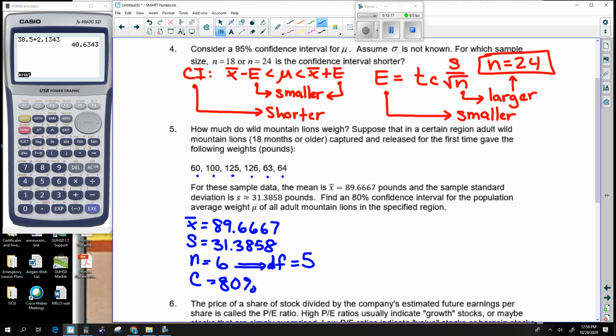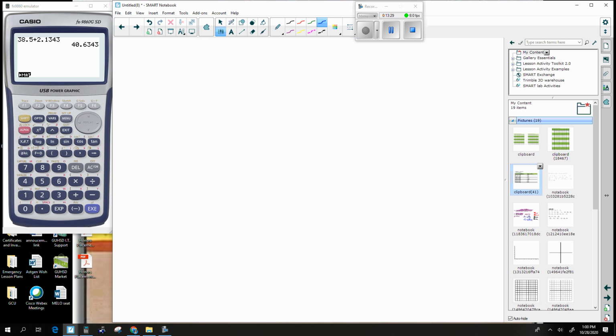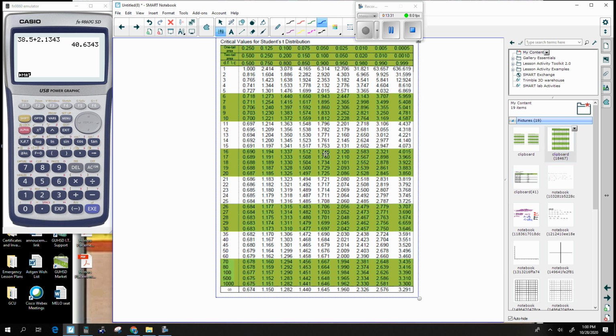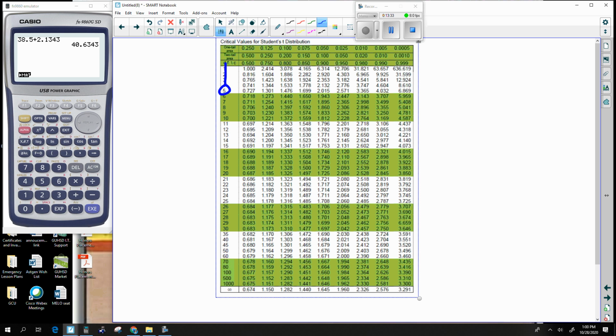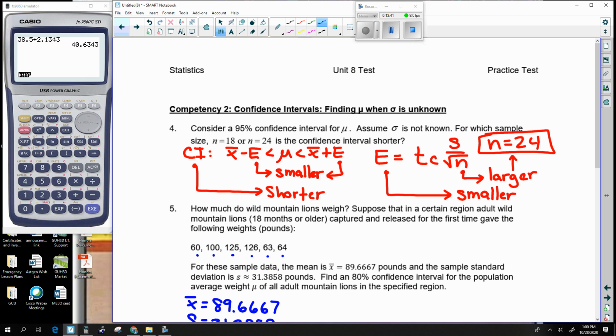So my degree of freedom here is going to be 5. And then that means I need to get a TC. So a confidence of 80%, degree of freedom of 5. Let's take a look at that T table, 5 at 80%. So degree of freedom of 5, 80% is 1.476.